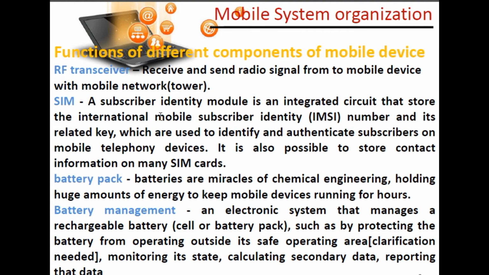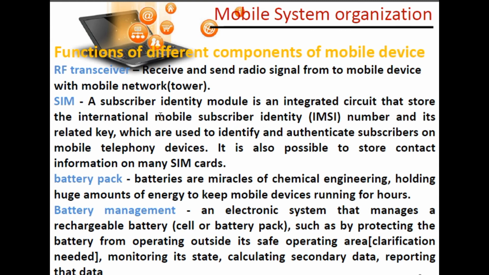Suppose I am going to charge my mobile phone. If there is no battery management system in my mobile, it will definitely be damaged by the explosive material of the battery system. So that's why there is a battery management system that will also work as a memory unit.